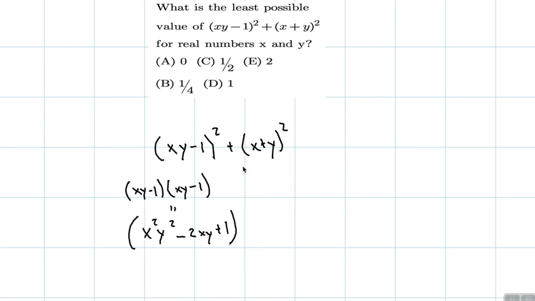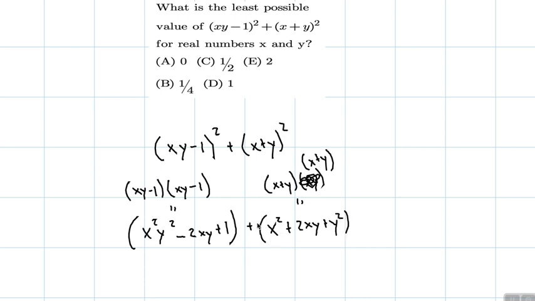So that, and then plus this times x plus y. And this is equal to, we can add these together and we get the following expression. These will cancel.